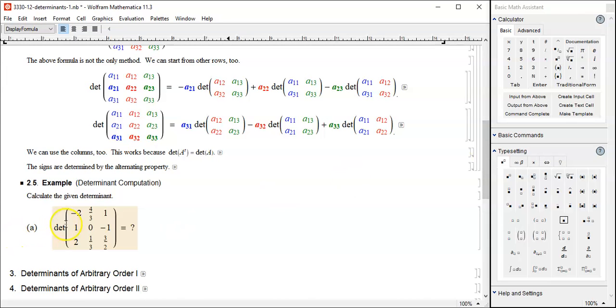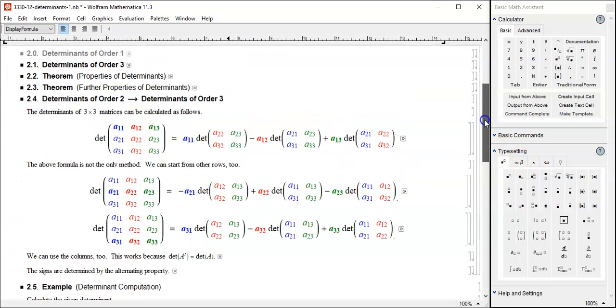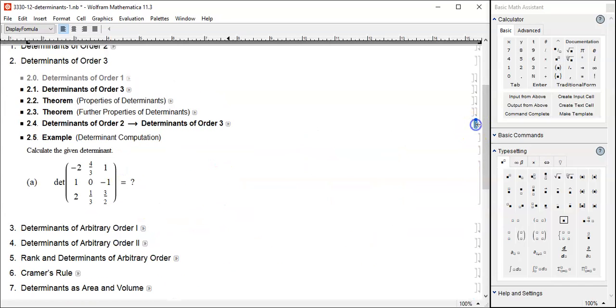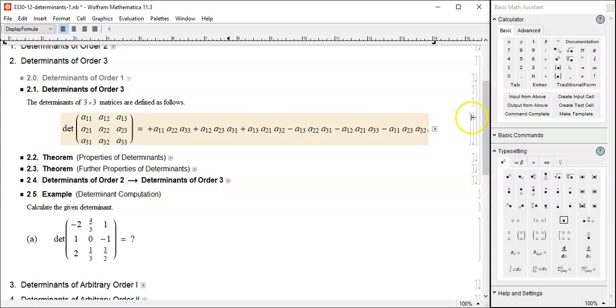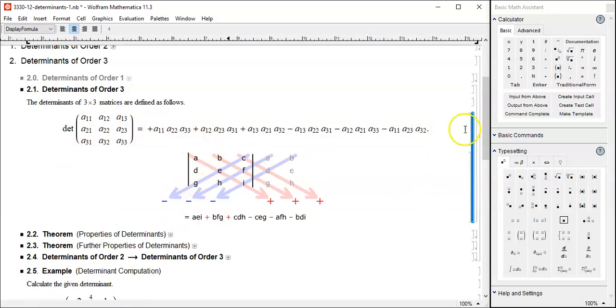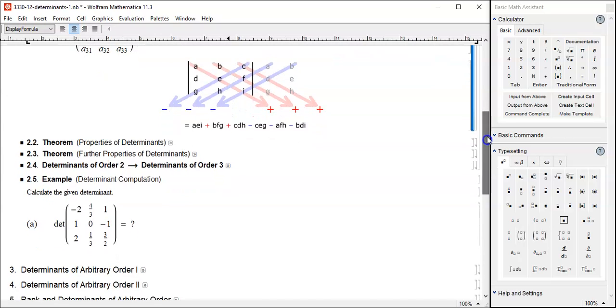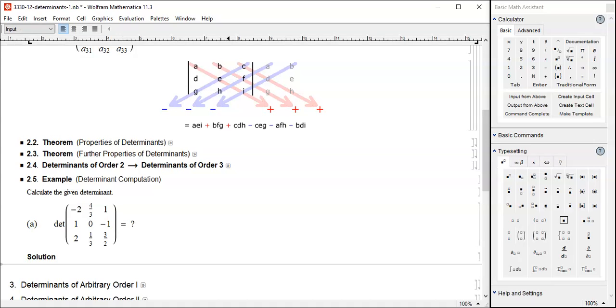One way to do that is to use the first formula, or this scheme. Shall we go ahead and do that? Okay, let's go ahead and do that.